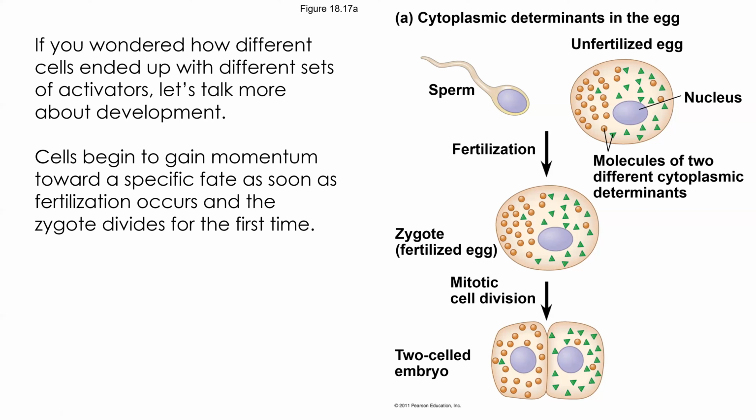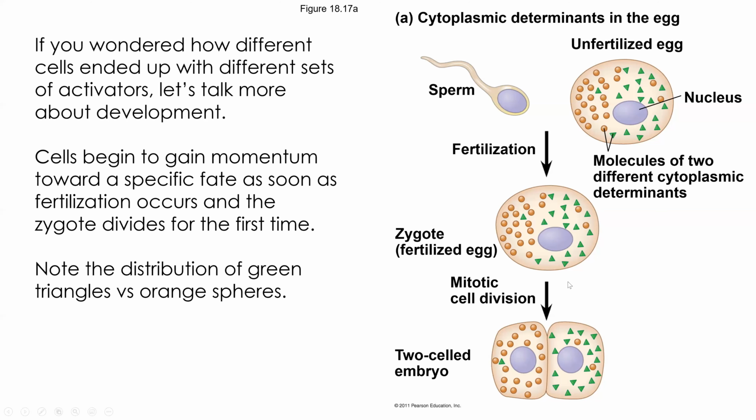With this segregation of molecules, these cells begin to gain momentum towards a specific fate as soon as fertilization occurs and the zygote divides for the first time. Check out this one at the bottom. The distribution of our orange spheres is primarily in the left-hand cell, with a little triangle hanging out.